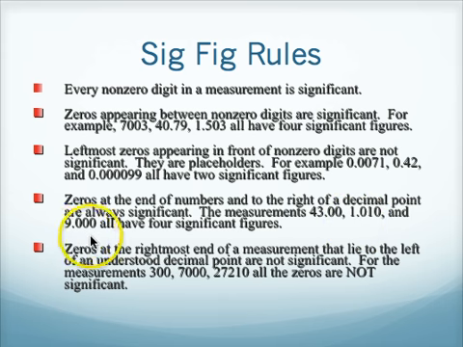So all those have 4 significant digits. This is different than the last rule, which has zeros to the right of the number but no decimal point. So 300 only has 1 significant digit. If it was 3.00, it would be 3 significant digits.